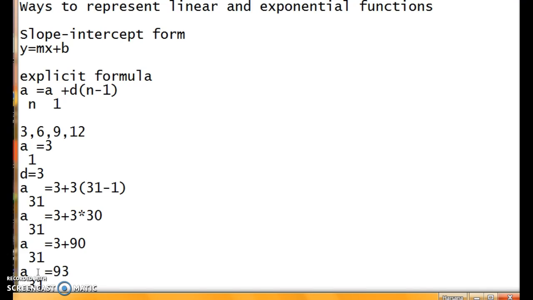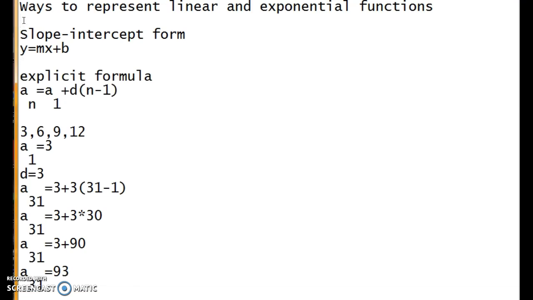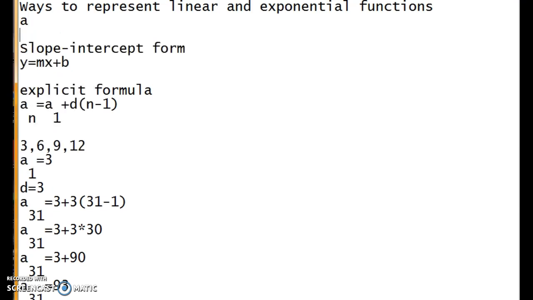Now, I'm going to give you another one, which might be a bit harder. a sub 100. Try and figure that out.